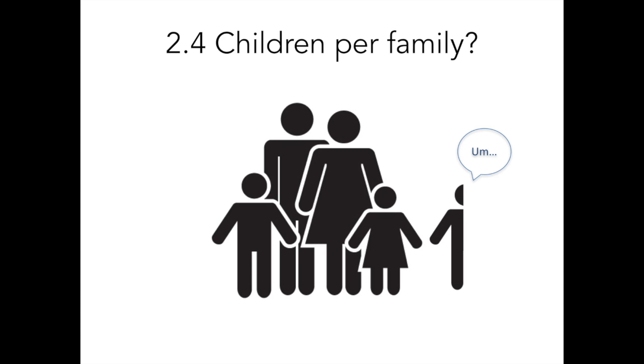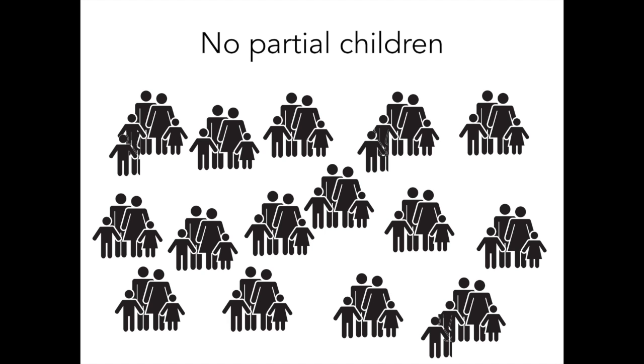That's not what happens. What happens is when we say that an average family has 2.4 children, it means that most families have 2 children. Some families, a lot of families have 3 children. And if we look over the cross section, if we take an average, the average number is 2.4 children. There are no partial children that go into that calculation.